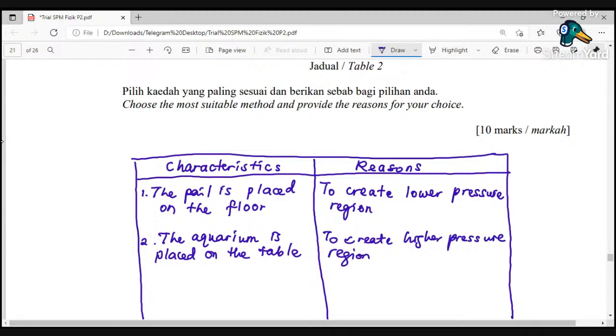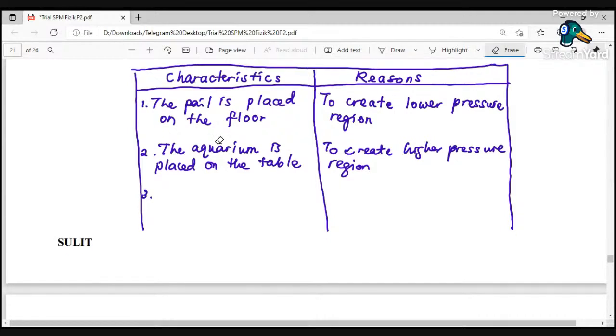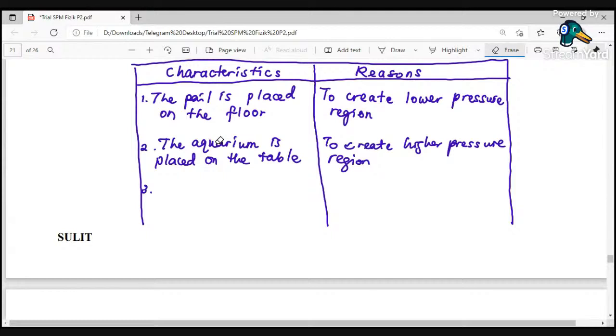Okay, so the third characteristic on here, third one is about diameter of hose.